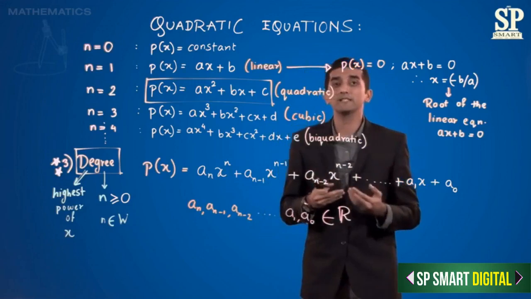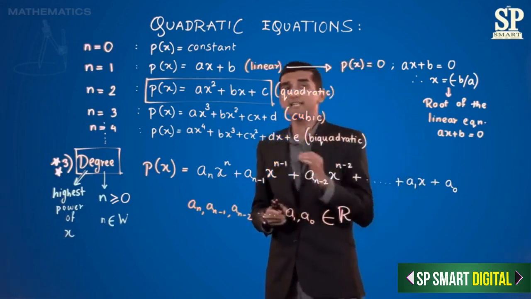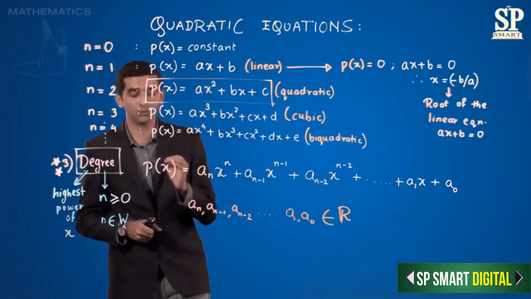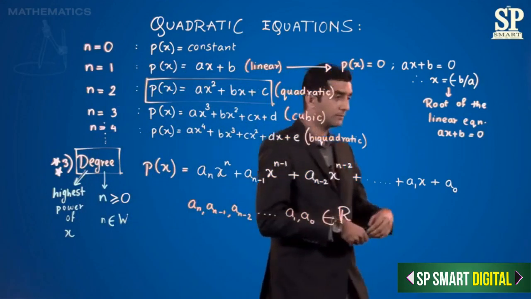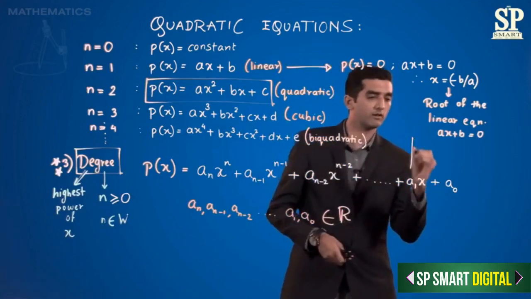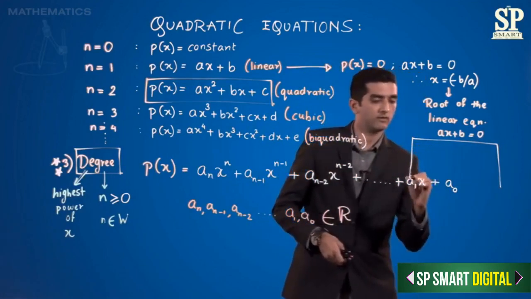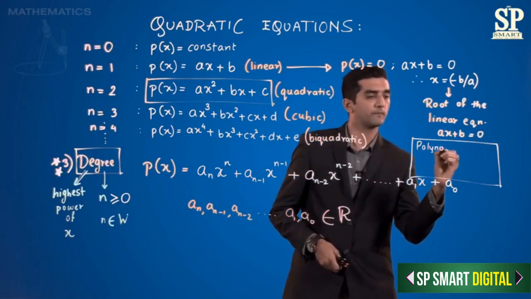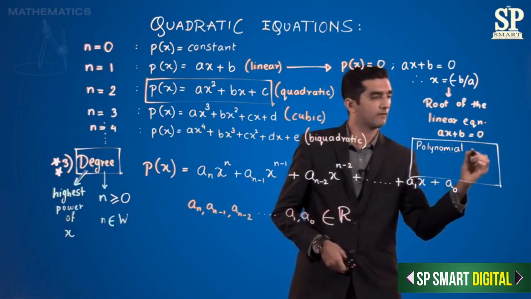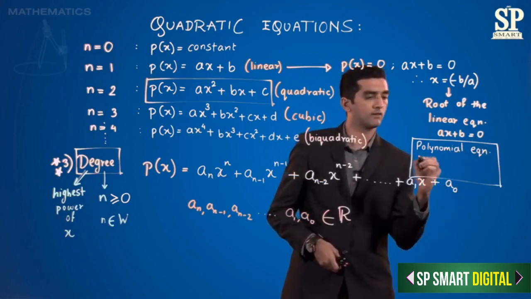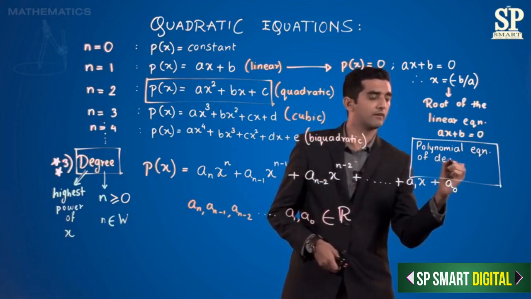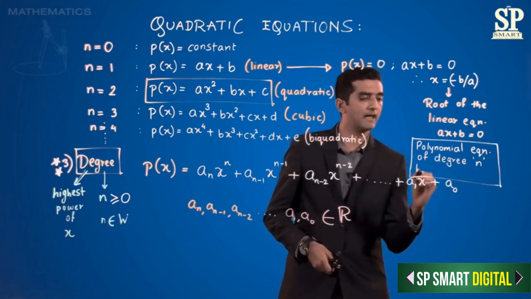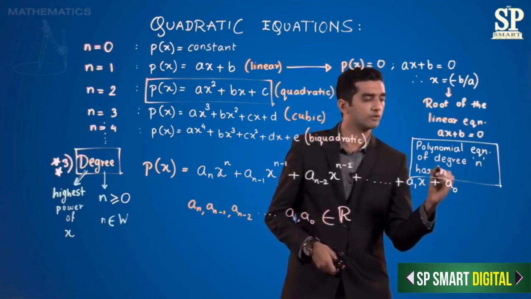Now this emphasizes the fact that any polynomial equation of degree n has n roots. So let's mark this particular concept. A polynomial equation of degree n has n roots.